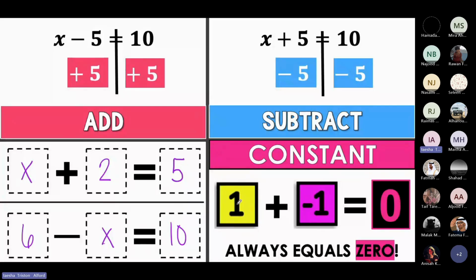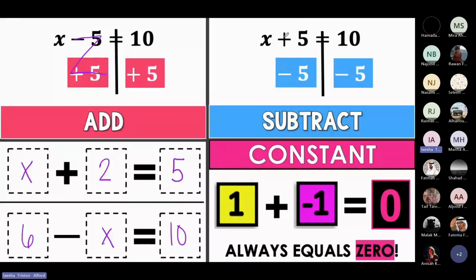If I have positive 10 and a negative 10, I add them, it should be 0. So the goal of add and subtract is to make 0. Here, we have negative 5, add 5, we want 0, so that we can get the x alone.